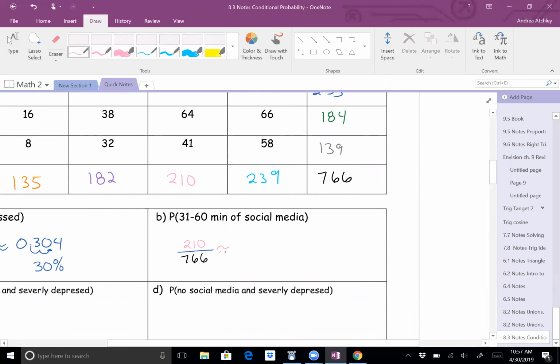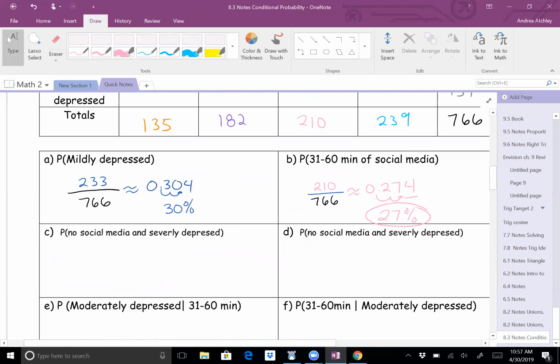That gives me 0.274. The 4 does not make the 7 move up, so I move my decimal over and I get 27%. Any questions over that? So that's just basic probability.